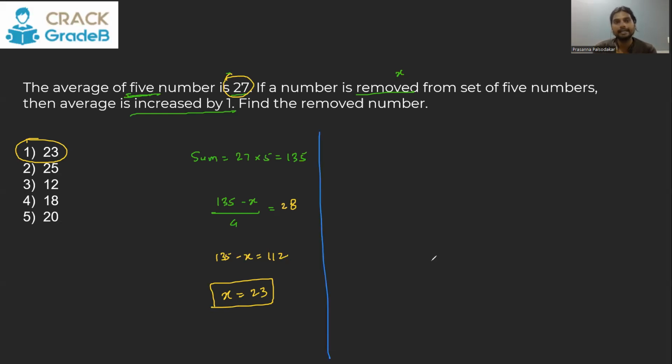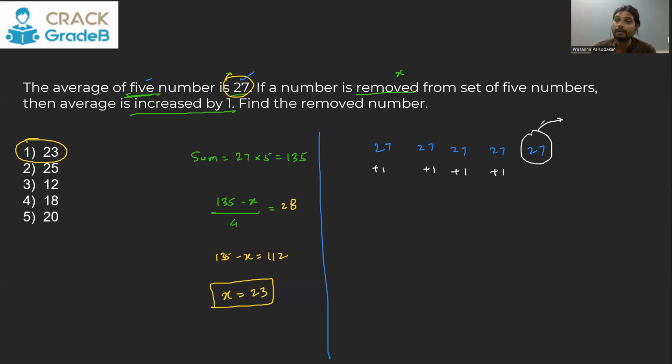If you solve by chocolate theory, you need to understand there are 5 numbers whose average is 27, which means there are 5 students with 27 chocolates each. Now, out of this, one student goes, due to which everybody is going to get an extra 1 because the average has now increased by 1. So where is that 1 chocolate coming from?